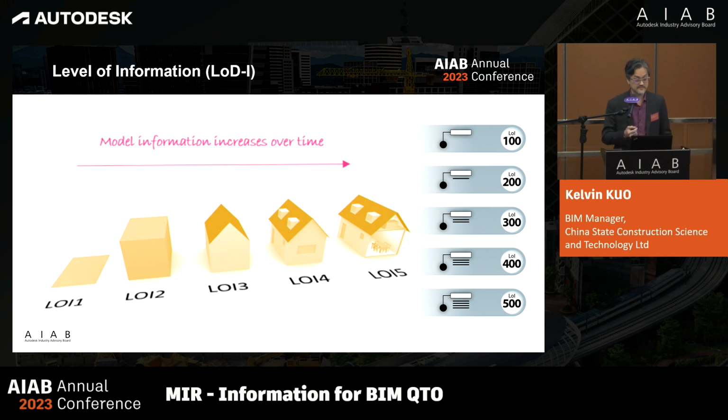The information should also increase over time, because we think more about it and learn what we are going to build, so we put more information and requirements into our model objects. That gives us the other set of data, called level of information, LOD-I, in the BIM standards. Those are the terms they mention.